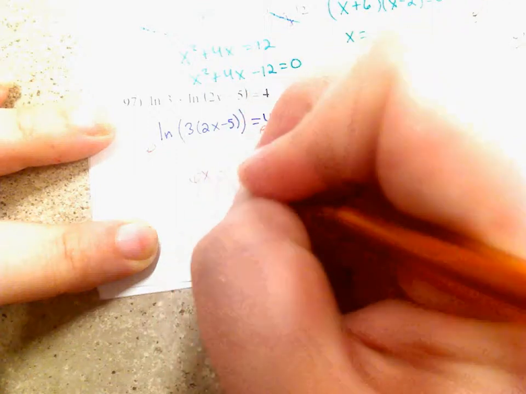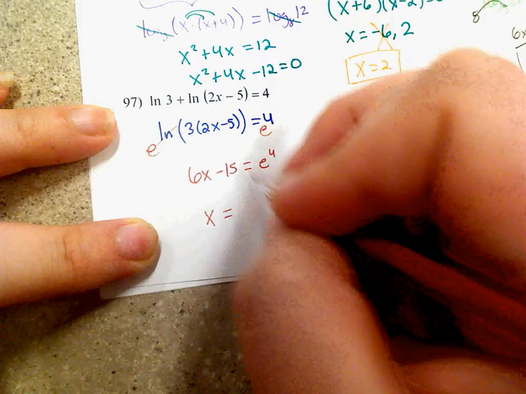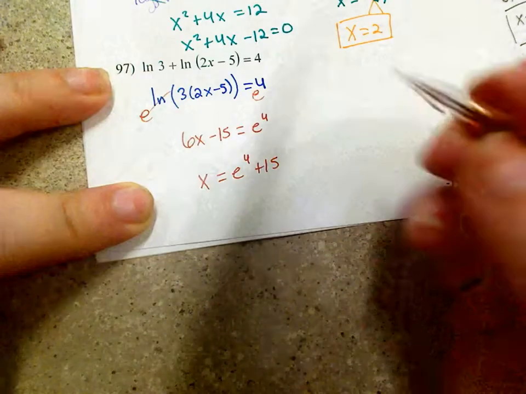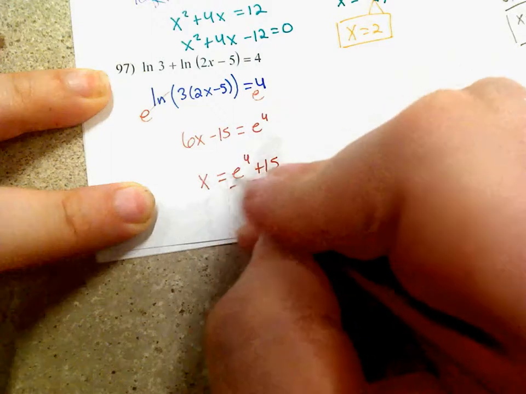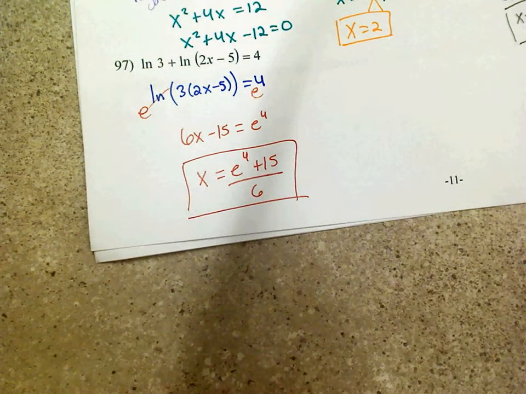So I've got 6x minus 15 equals e to the 4th. So what you want to do is add 15 and then divide by 6. And there's your answer. You could type that in and get the decimal, but you don't have to, because that is the most accurate answer. And that is the end of page 11.